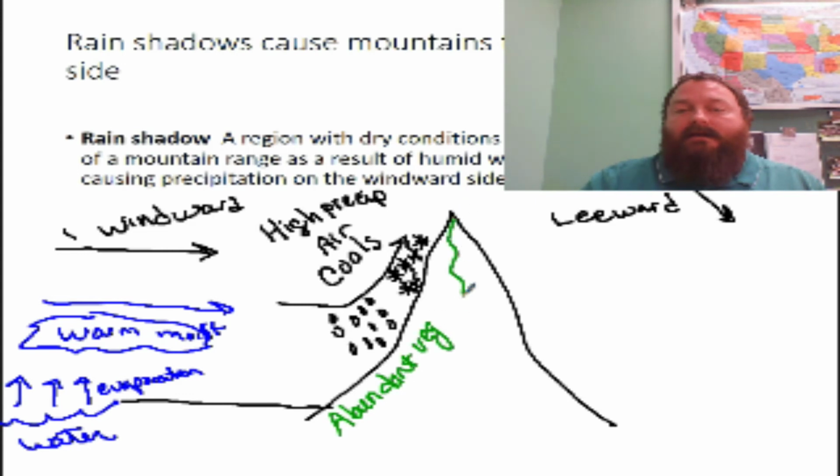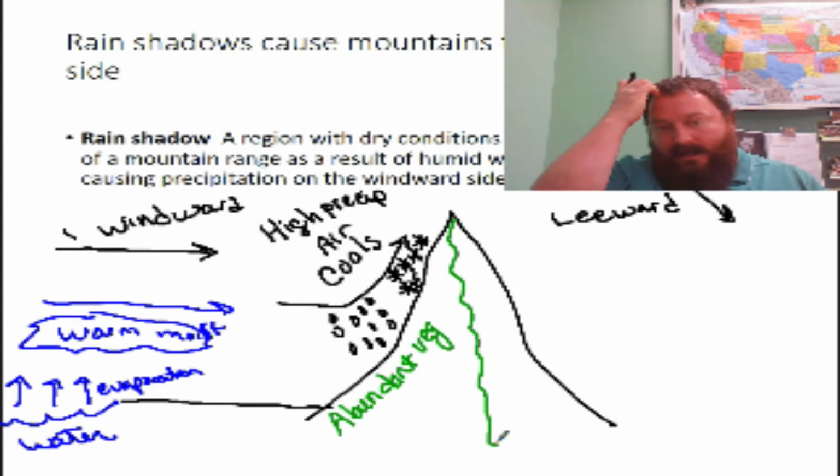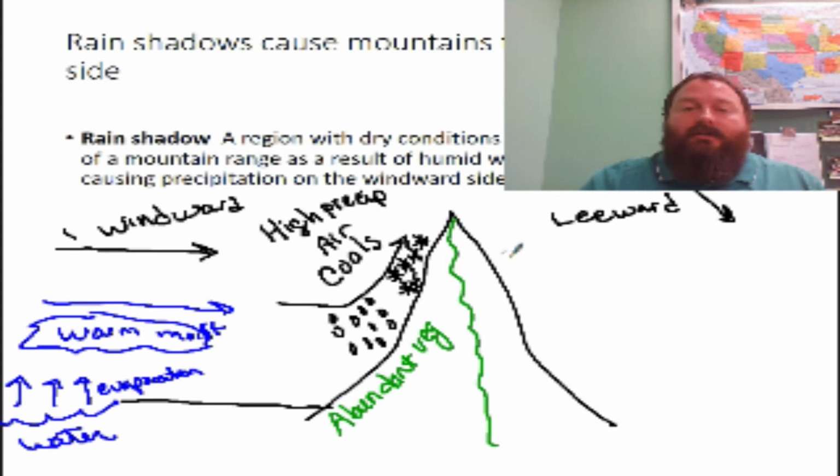So we get kind of like a split side of the mountain. If I'm looking at it down along the mountain range, on the windward side of the mountain range, I would have vegetation all over the one side due to the increased rainfall happening as that warm, moist air gets pushed upward, cools off, saturation point decreases, and the water starts to fall out. By the time it gets to the top, it's going to be cold and dry.